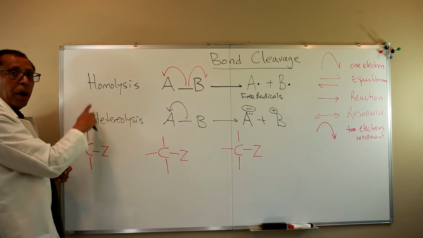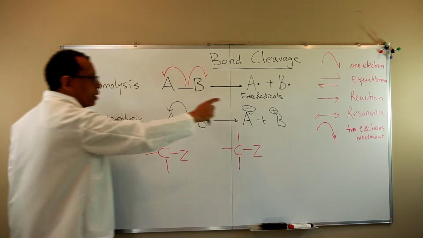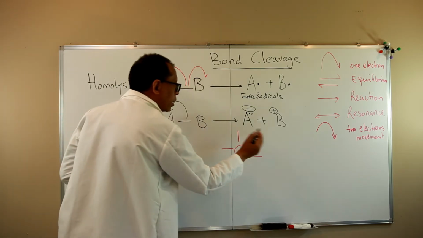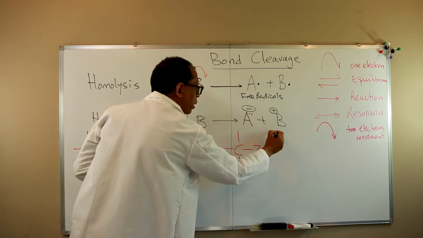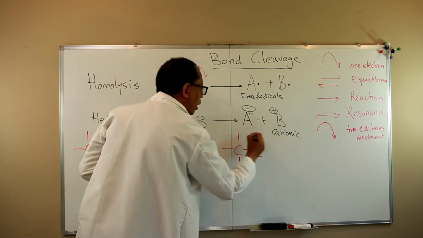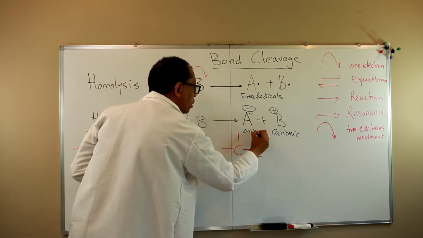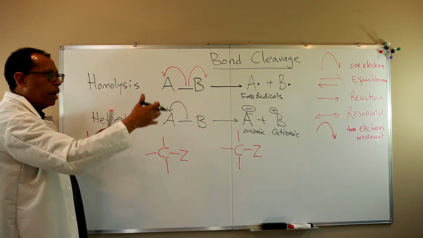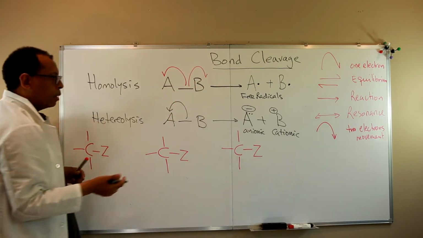So homolysis produces free radicals. Heterolysis results in cationic and anionic species. These are also very unstable. They would recombine with something and give results.